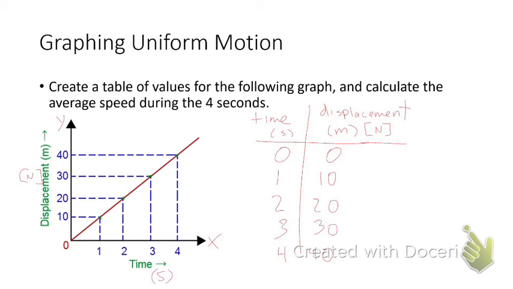Okay, so from yesterday, we said, and this should say velocity, because this is a vector quantity. So yesterday we said average velocity is equal to total displacement over total time.